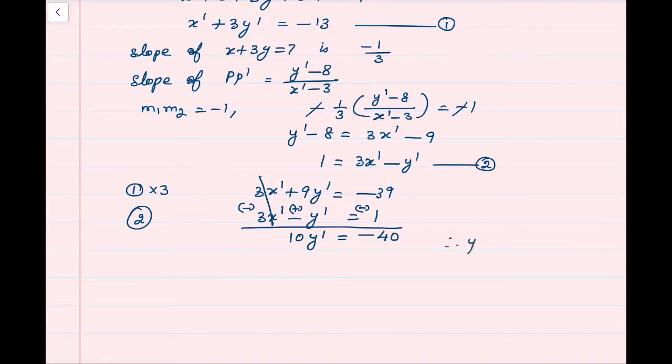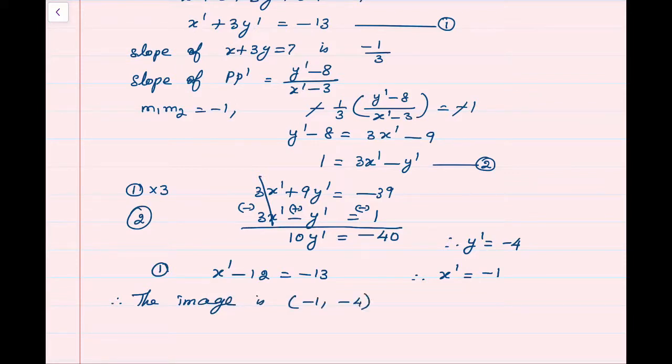Therefore, y' is -4. We will substitute in the first equation. x' - 12 is -13. Therefore, x' is -1. Therefore, the image is (-1, -4).